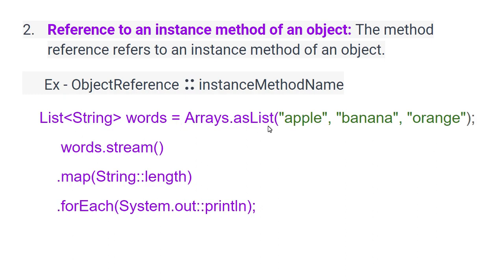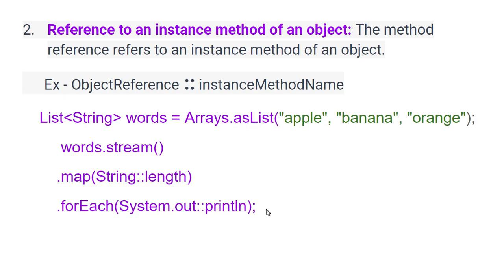If you see, we have an array list, and inside the array list we have used the stream, and after stream we have a map method. So what is String? String is a class, and through the class we are calling this length method. And here we are using the forEach loop, and we are calling the println method with the help of the object reference.